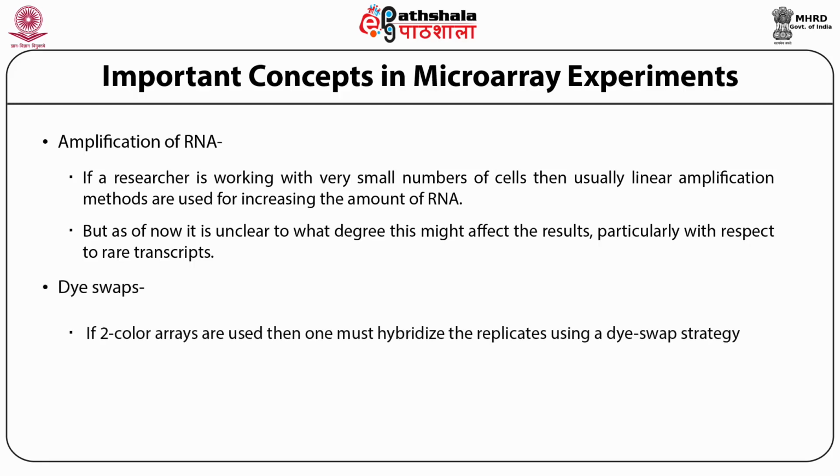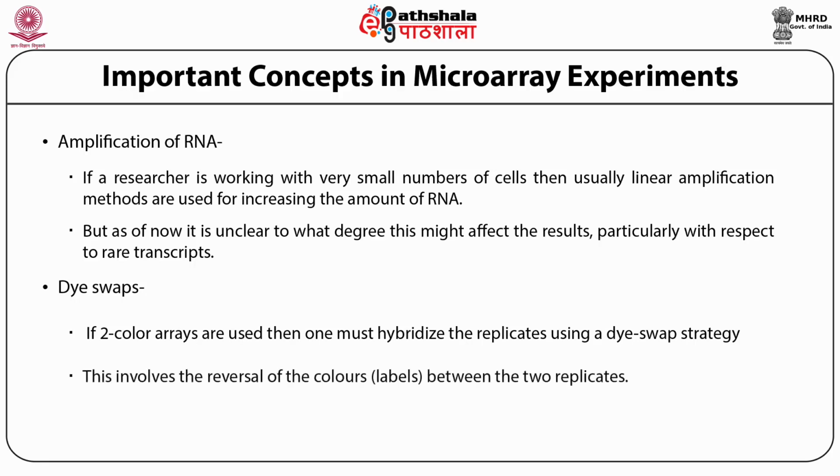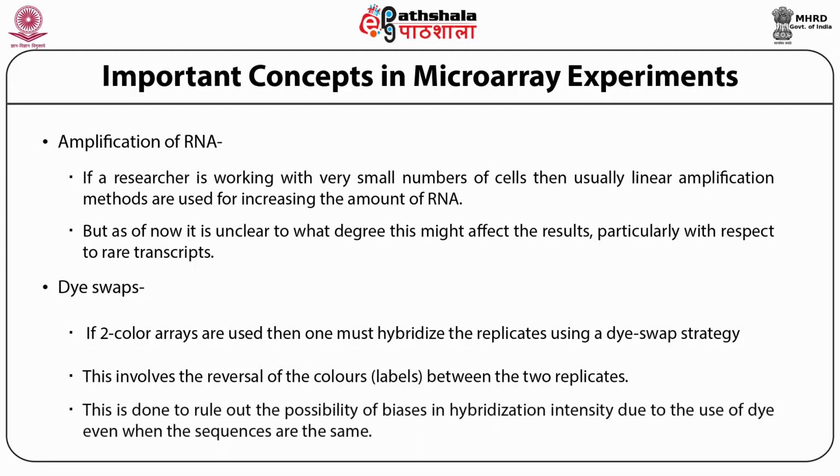If two color arrays are used, then one must hybridize the replicates using a dye swap strategy. This involves the reversal of the colors or the labels between the two replicates. This is done to rule out the possibility of biases in hybridization intensity due to the use of dye even when the sequences are the same.